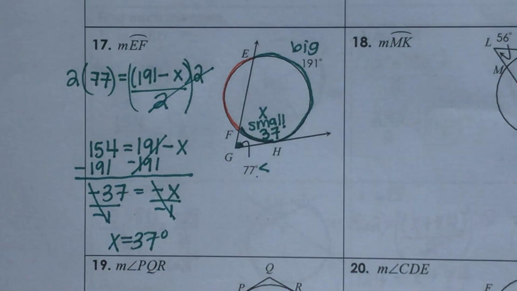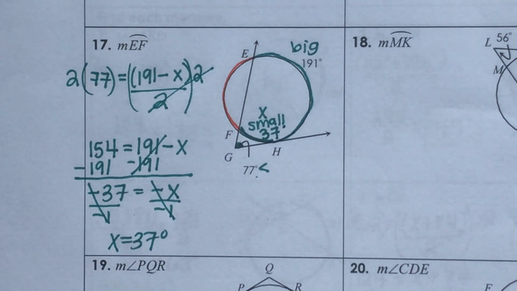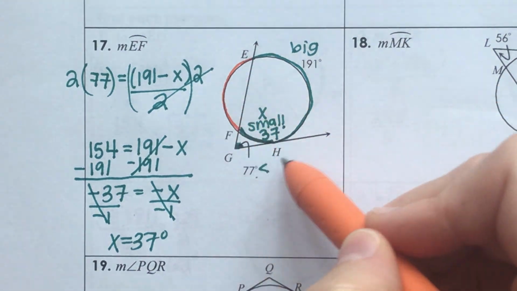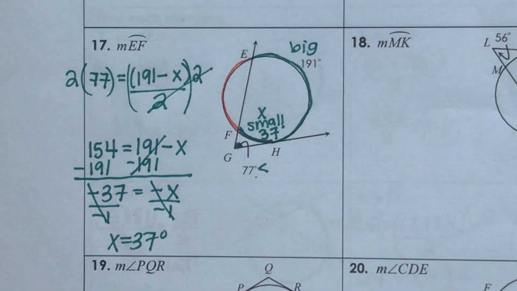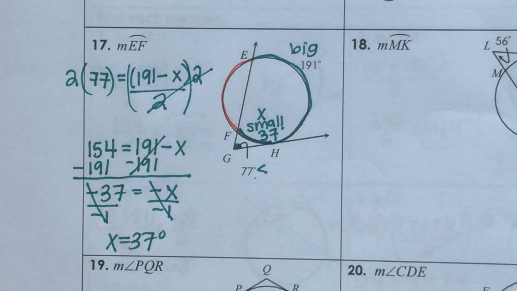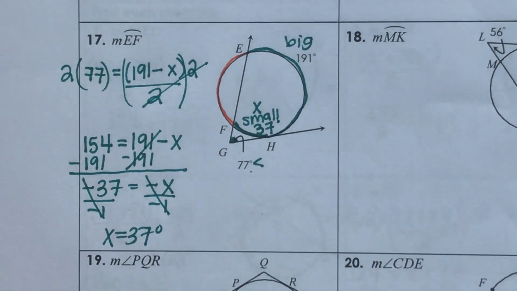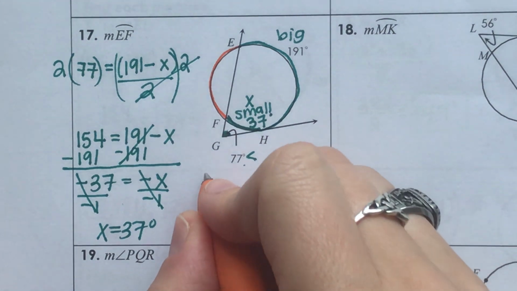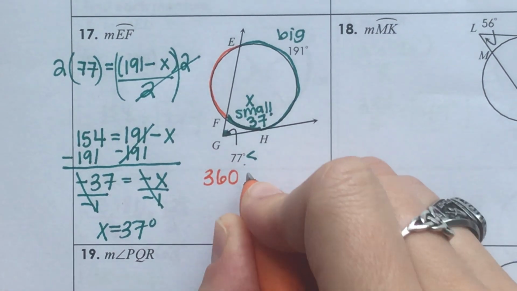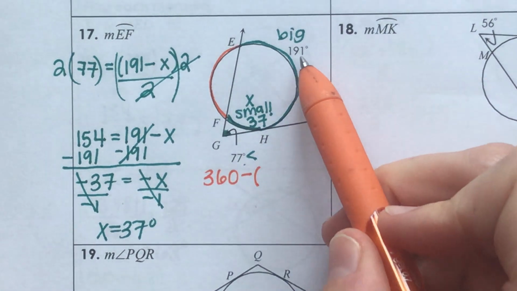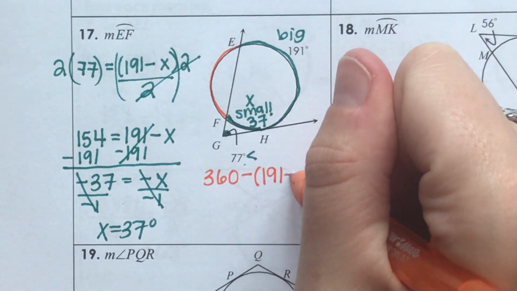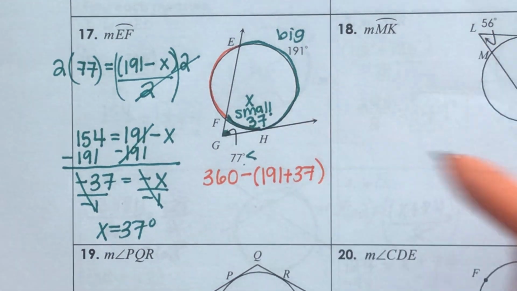Now, that's great, but I want to know what arc EF is. Now, to find that out, I'm going to take the whole thing of 360 and I'm going to subtract my 2 blue pieces, and that will give me what's left over as the orange piece. So I'm going to do 360 minus 191 and 37.